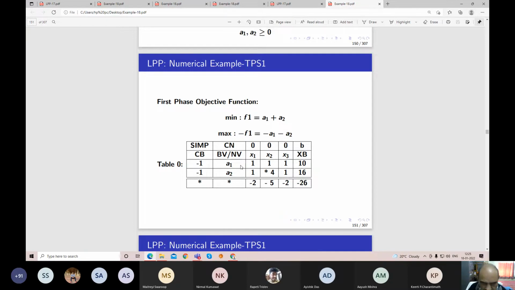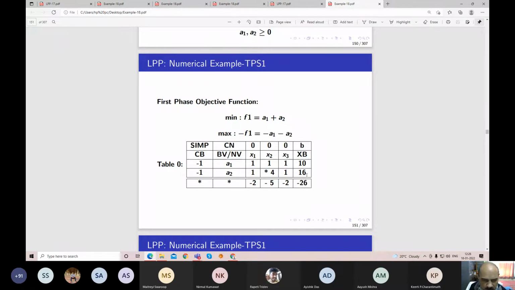We are presenting this in the table itself. Generally the columns are with respect to the non-basic variables. Presently in the first table, x1, x2, x3 are the non-basic variables. The right hand side b values, 10 and 16, are the values of the basic variables, xB.